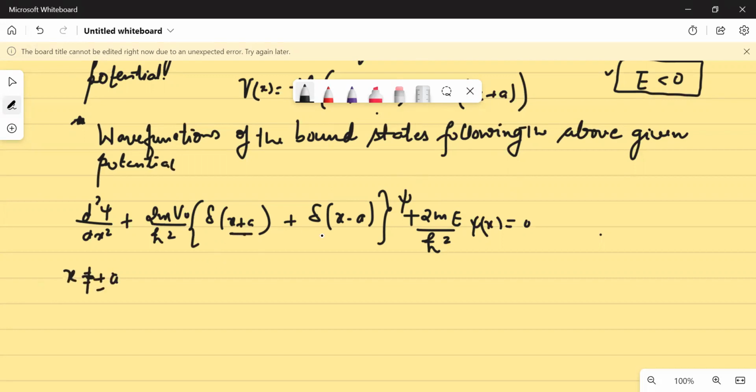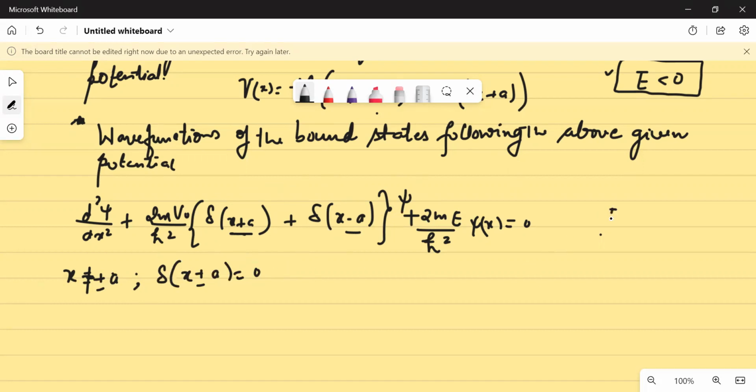Because if x equals minus a or x equals a, then this will become infinite, and it will be difficult for us to extract the wave function. So we take the case that x is not equal to plus or minus a, then delta of x plus or minus a would be 0, and we can go along.